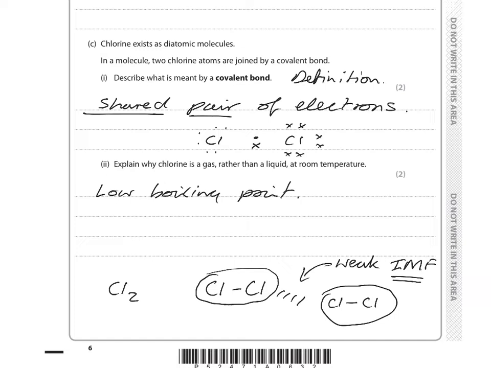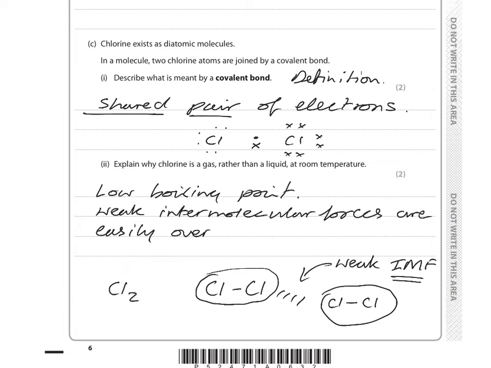So you got 1 mark for saying weak intermolecular forces are easily overcome by heat. So they boil at a low temperature.